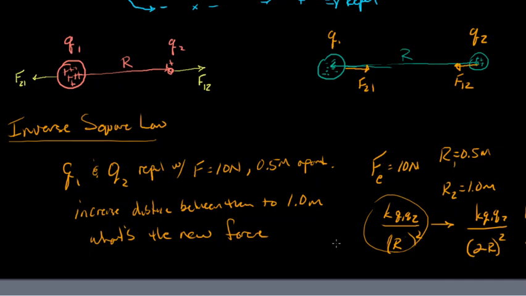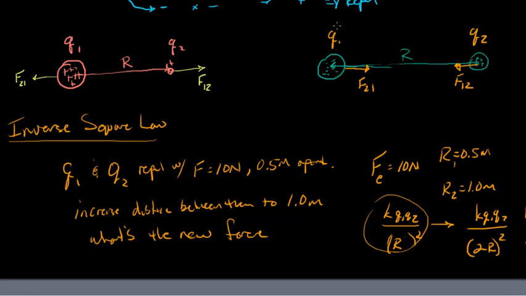So if we double the distance, our force decreases by the square of how much we increase the distance. If we double the distance, then it's 1/4, or 1/2 squared, because the distance between them is squared.